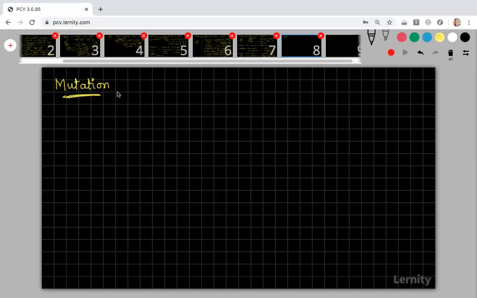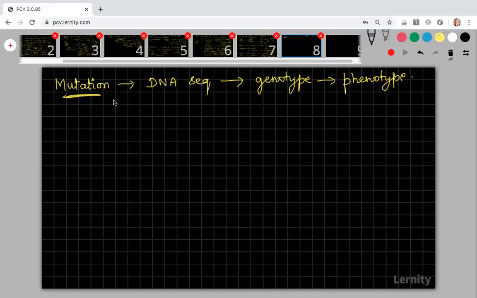You know, mutation is the process by which genetic variations are created by changing the DNA sequence. I told you, if you cause any change in the DNA sequence, this change will cause a change in the genotype, and at the same time, it will cause changes in the phenotype of the organism, right? And these mutations can be caused by physical or chemical agents, and those agents are called mutagens.